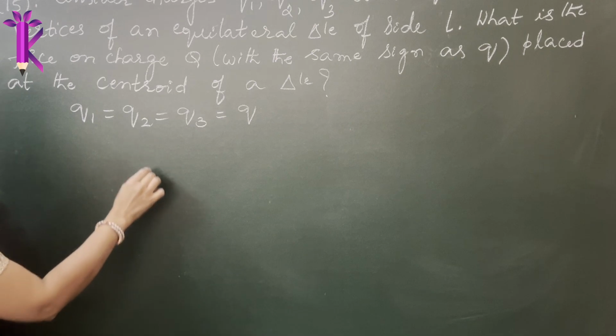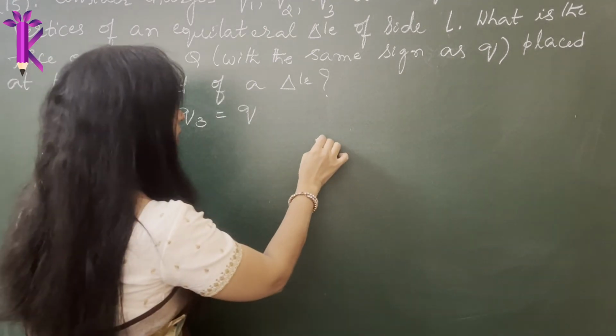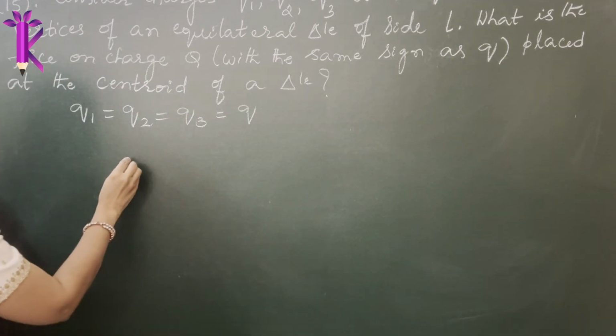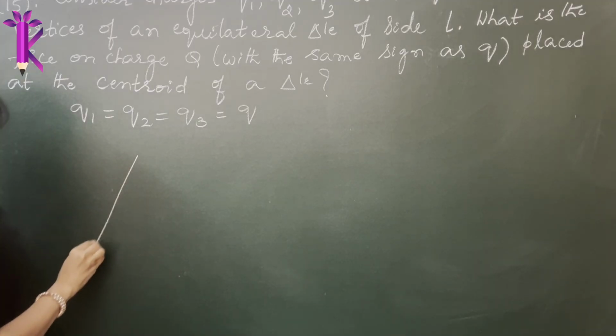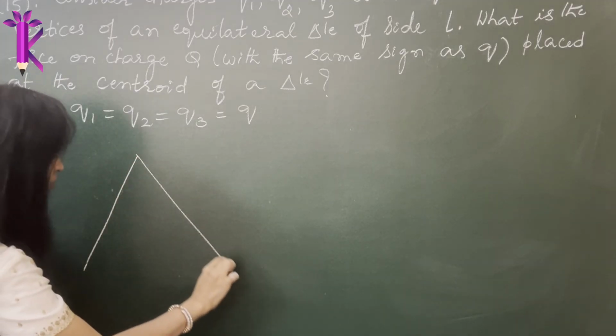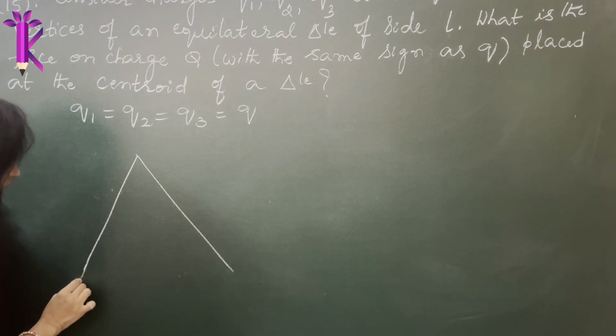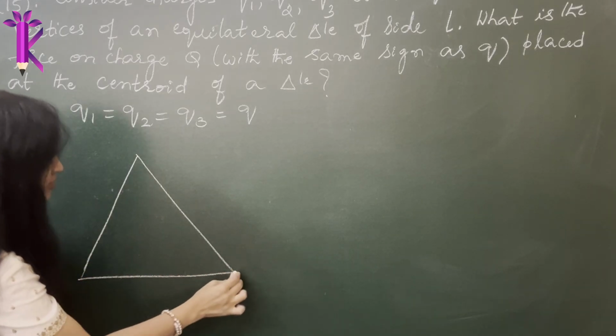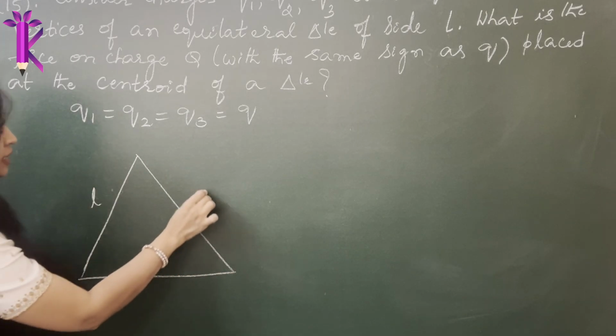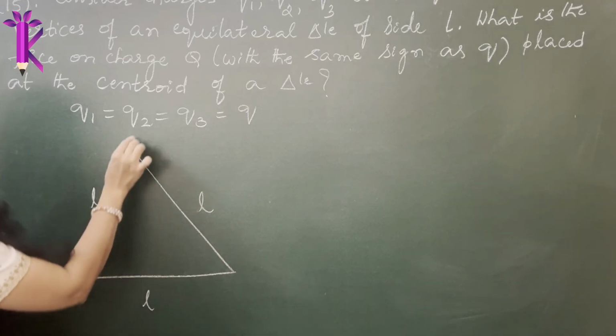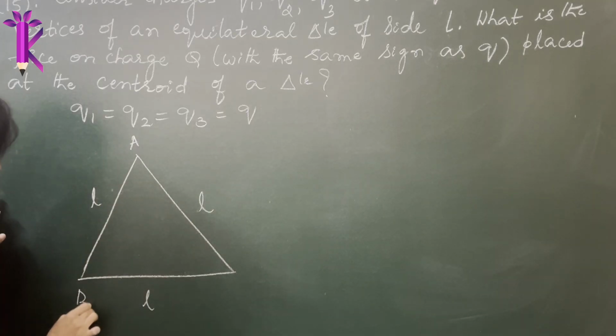Okay, so let's draw an equilateral triangle. Let's draw it big here, and utilize this space. So this is your equilateral triangle. What's an equilateral triangle? It is a triangle with sides of equal length, and all the angles are also equal.